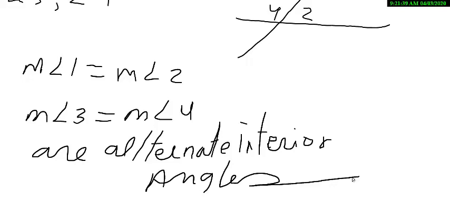This covers the definitions of the six relationships between the angles. At the beginning of the session we had the vertical angles, then the adjacent angles, then the complementary angles, then the supplementary angles. Then we moved to the corresponding angles, and then the final relationship, called the alternate interior angles.